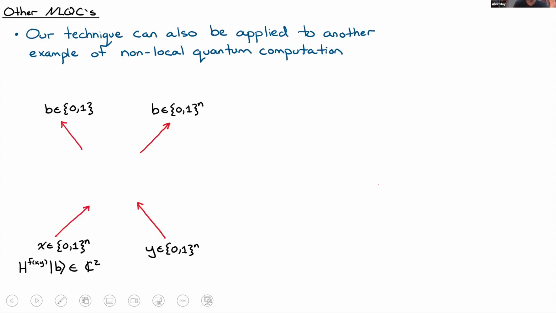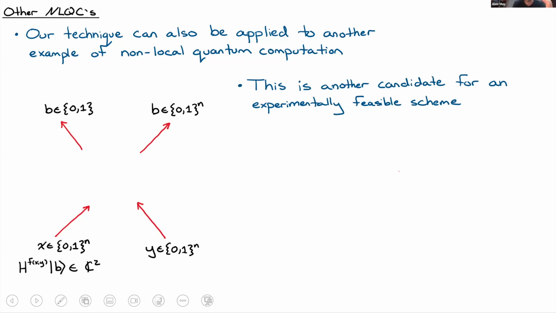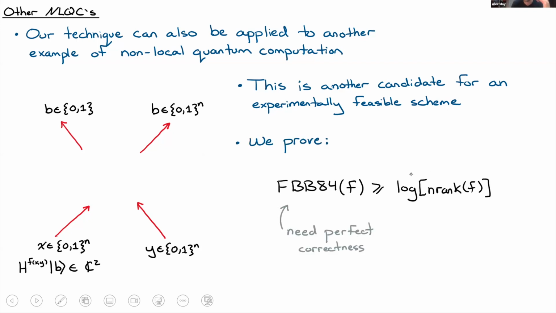Okay, in the interest of time, I'm going to say this very quickly, but I just want to add a comment here that this same technique that I'm describing can be applied to at least one other example of non-local quantum computation, one called FBB84. This is an example that is of interest in an experimental context, as something really feasible to implement for this quantum position verification setting.